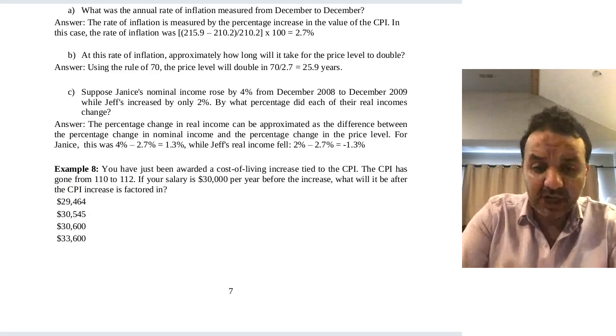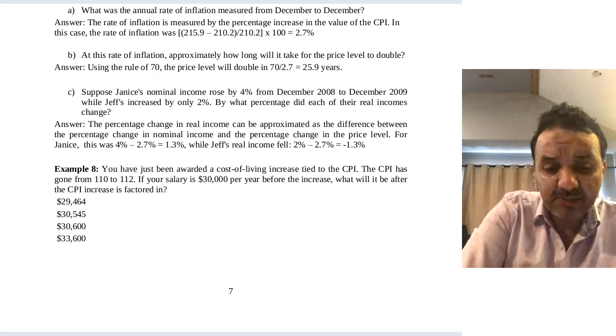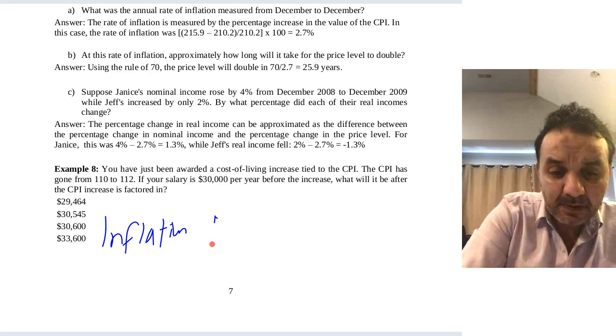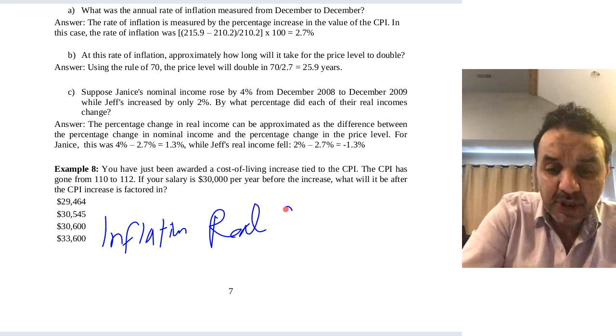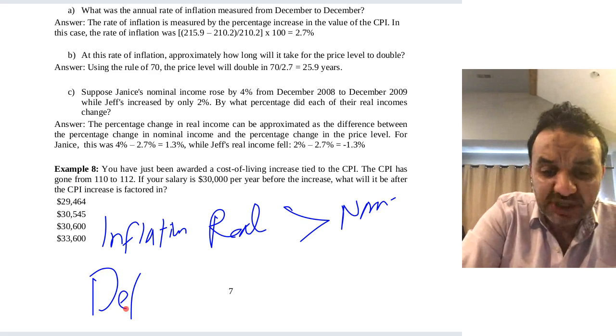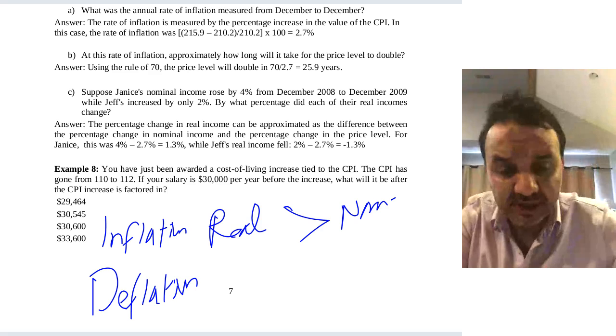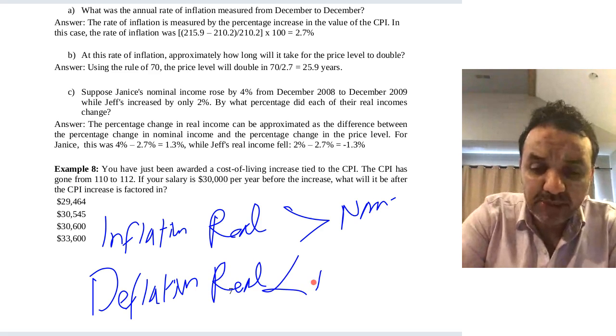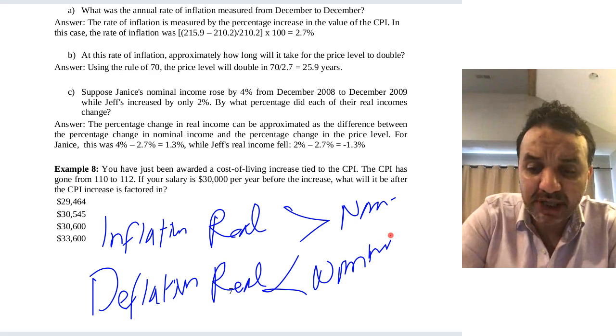Okay, so I want to make something clear. Whenever there is inflation, your real income will be less than your nominal income. But with deflation, which I explained before, meaning the prices are declining, your real income will be greater than your nominal income. Why?